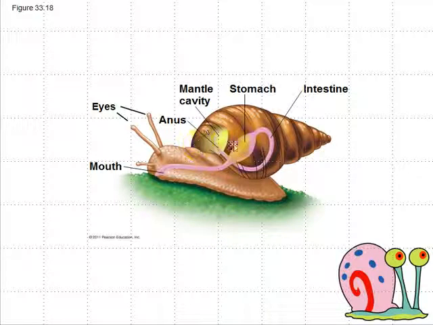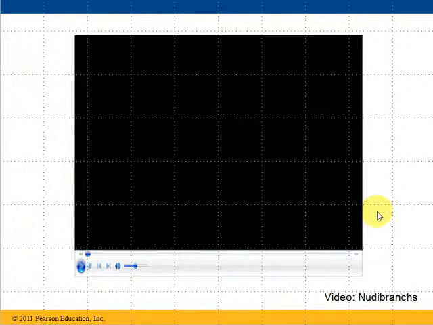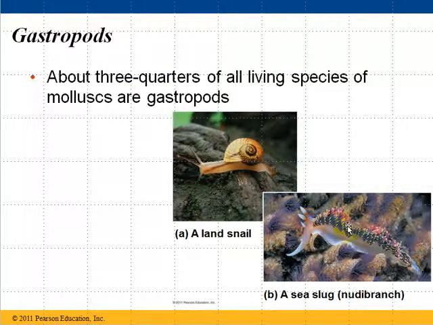But there you go, that's a gastropod for you, how their basic layout is and what this torsion means for their internal visceral mass. Look, there's a gastropod right there. Most have a single spiraled shell, and there are some that have no shell, like slugs, or some that have a very reduced shell. Gastropods are very common within the water. For example, here is one without a shell, a marine gastropod.